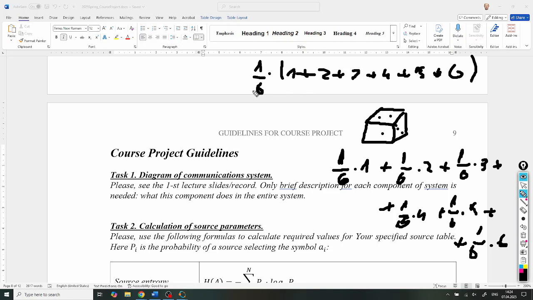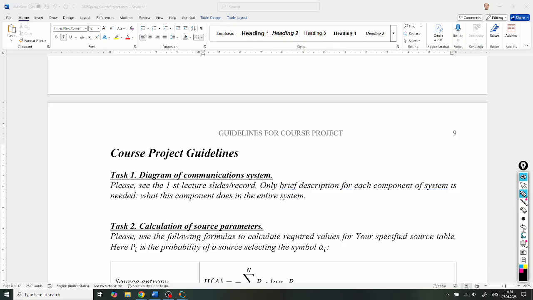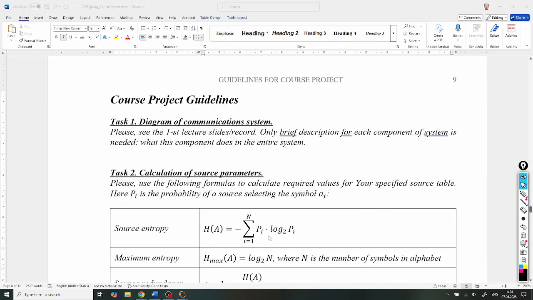Then you get the formula of the arithmetical average for this specific case when all probabilities are the same. But normally, if the probabilities are not the same, you go through the full formula, like here. So that is also called an entropy.